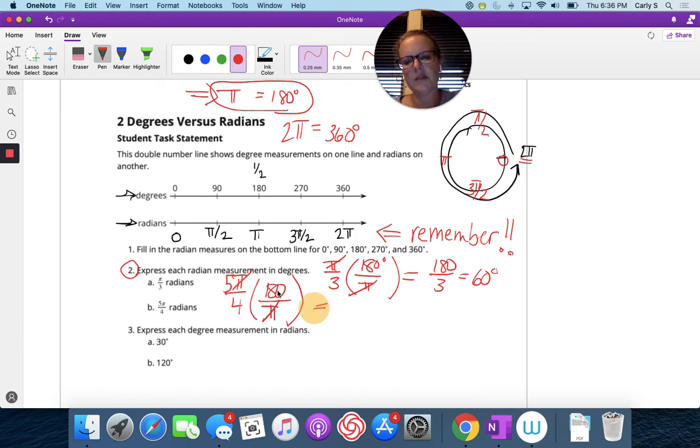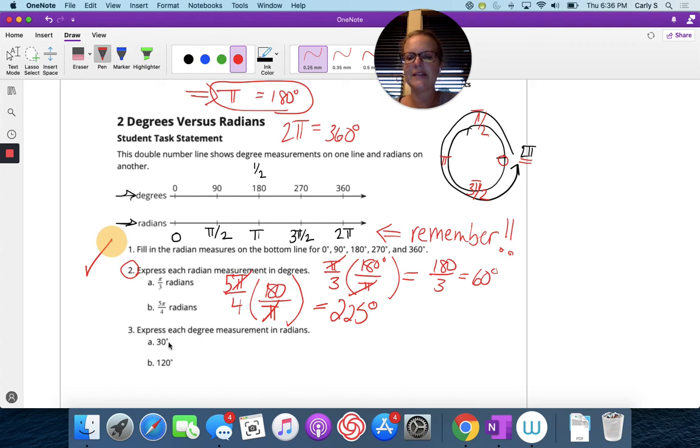I don't think 4 goes into there evenly. Handy dandy calculator, just because it's been a long day. 5 times 180 divided by 4 is 225 degrees. Cool? All right, so we got that.